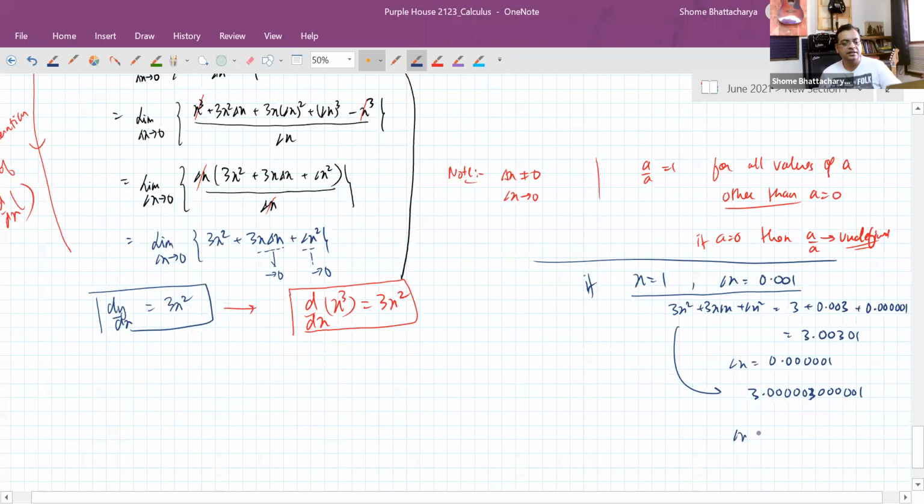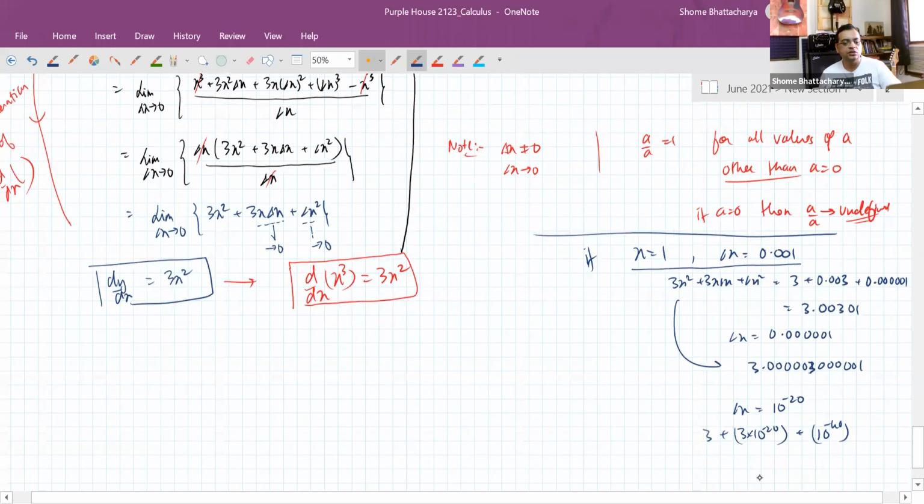Now if I take delta x as, for example, 10 raised power minus 20, you'll see that you get this term as 3 plus 3 into 10 raised power minus 20, plus 10 raised power minus 40. Now for all practical purposes, this is equal to 3 only. And this is still a finite value of delta x, this is still not delta x tending to 0. Delta x tending to 0 is much smaller than that. So for delta x tending to 0, it will become exactly equal to 3 when we take x as 1. Or when we take x as any general value, it will become exactly equal to 3x square.